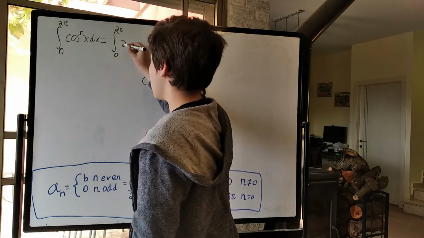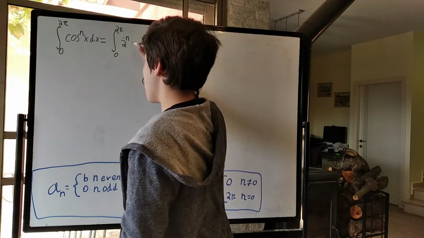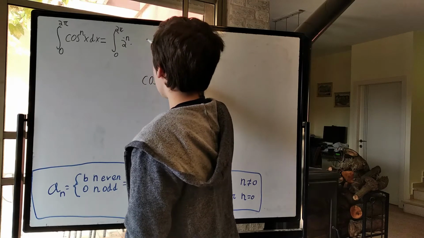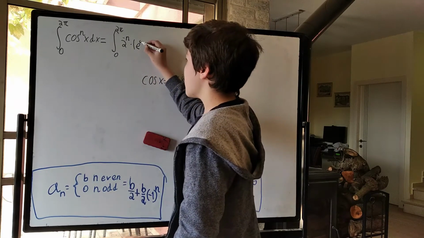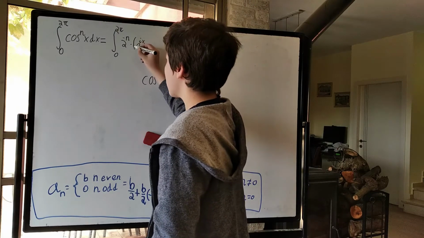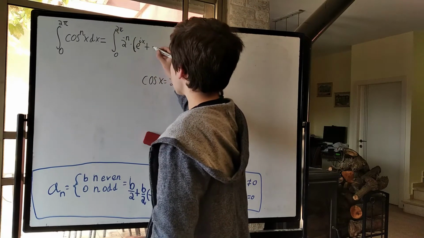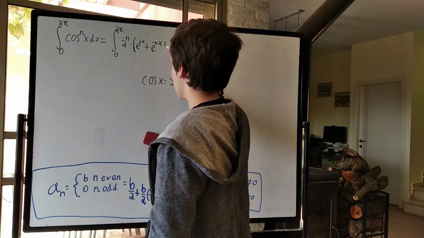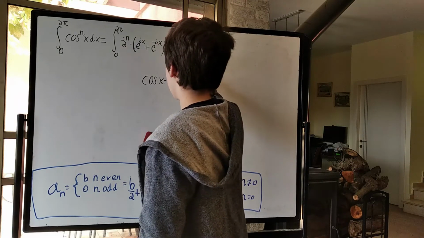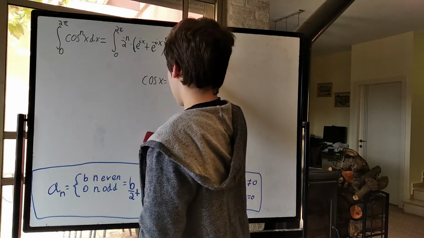So it's going to be 2 to the negative n times e to the ix plus e to the negative ix to the n dx.